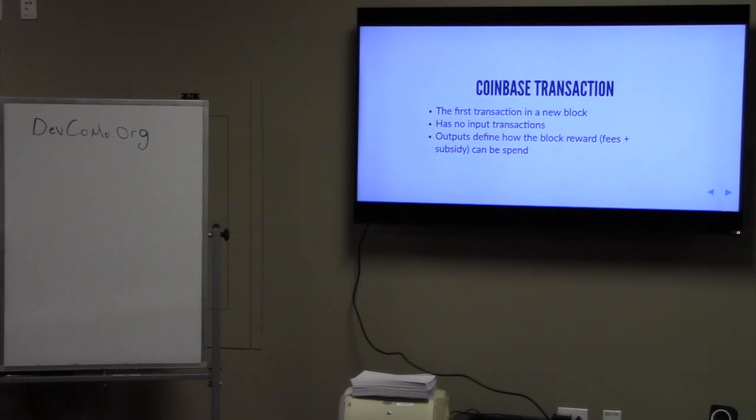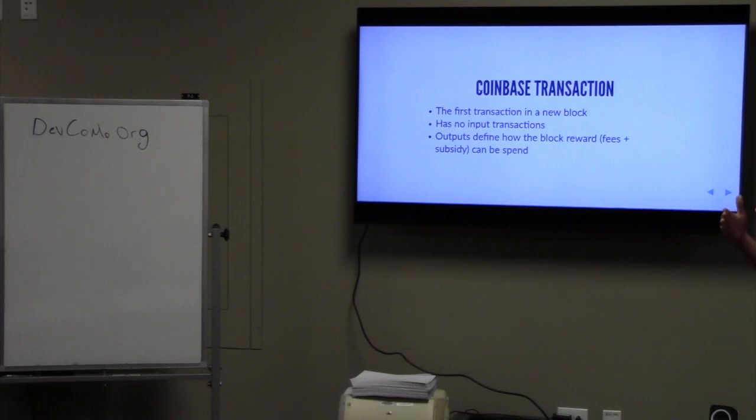As an example, again, James is giving me money. James gives me 1,000. I spend 50, and then I have a change to myself of 750. There's that 250 difference left over. That is the mining fee.